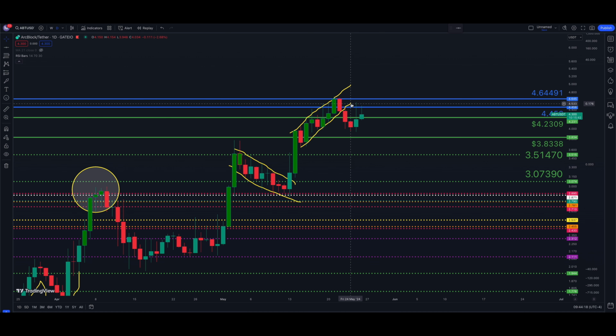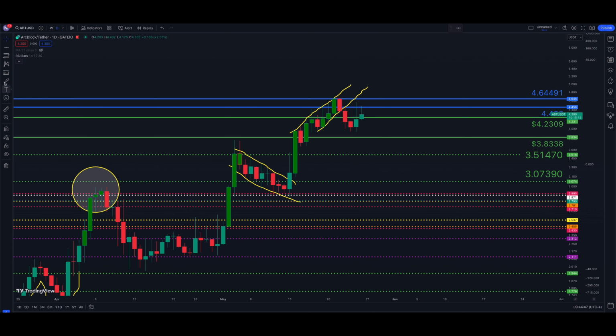So if I actually extended this channel line up here, roughly, guys, you could see that the price pulled up to that and got pushed below it. Very basic technical analysis is support and resistance. Above the market, when price is above the market, it can act as a resistance level for current trading. And that's what took place yesterday.